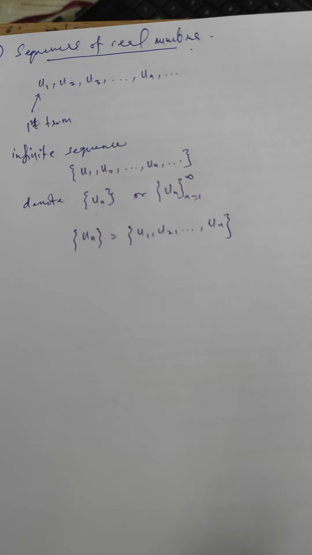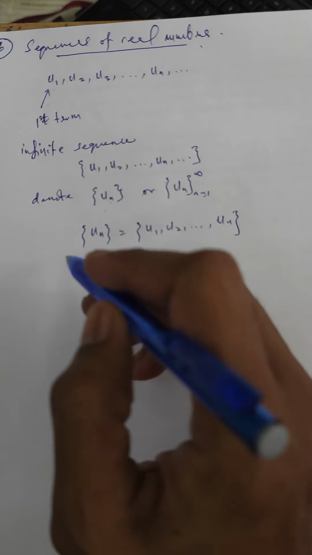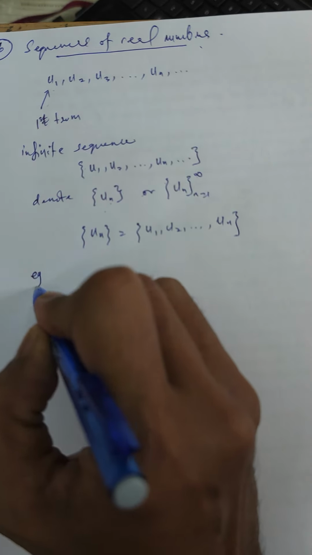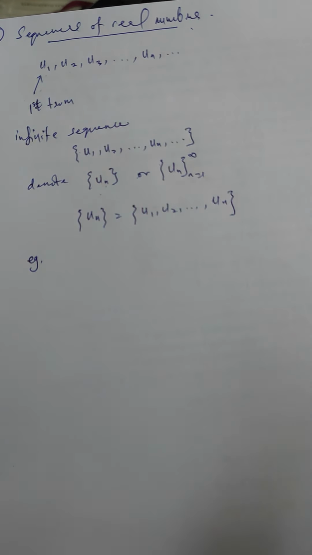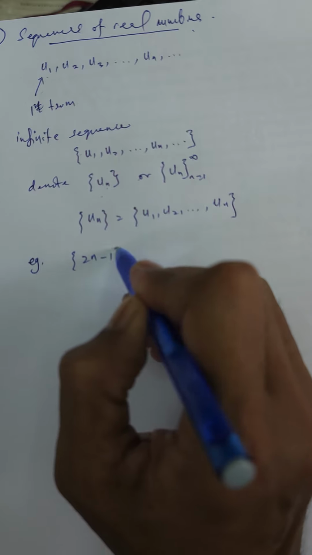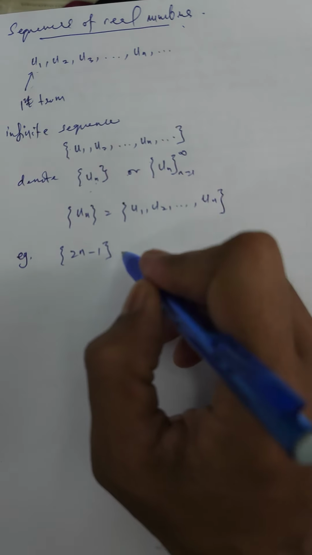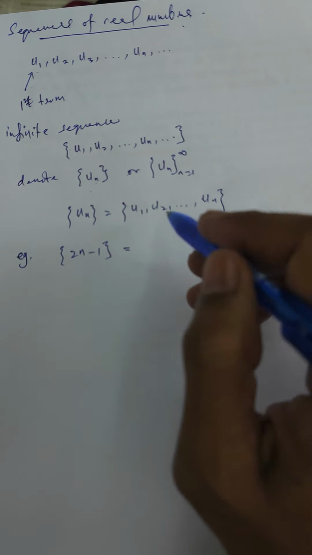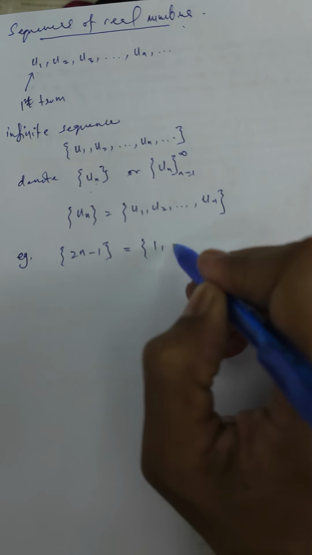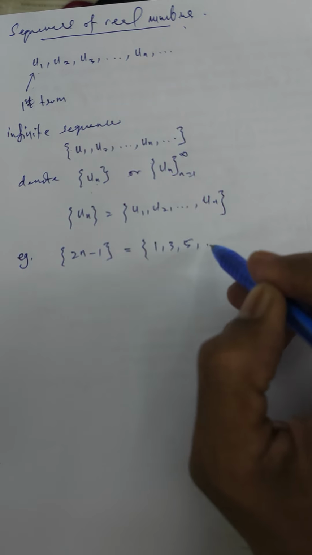Alright, so what is an example? I'll give you a couple of examples and explain what happens in each. For example, if you have this sequence and list it down, n begins from 1, so you can see this is 1, 3, 5, 7 and so on.